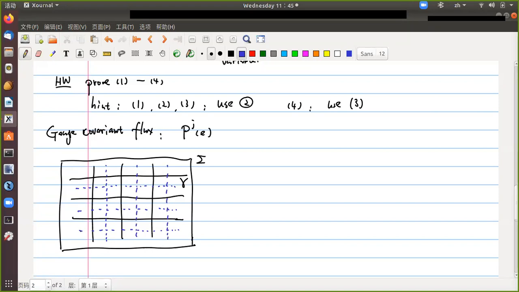What I'm drawing in dashed blue lines is called the dual lattice, which we call gamma star. So gamma is the cubic lattice, and gamma star is the dual lattice.